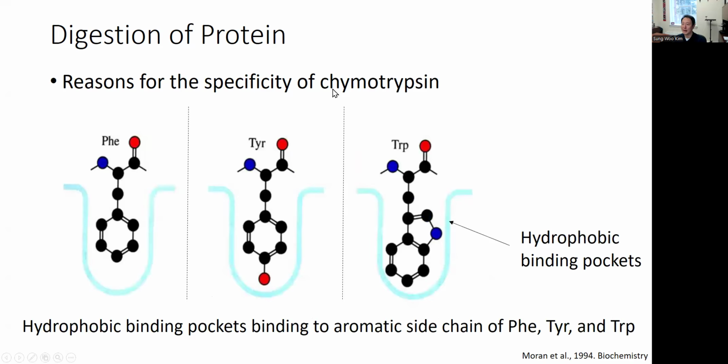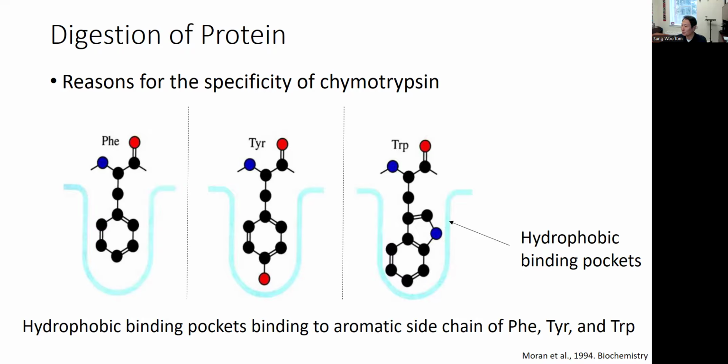In the case of chymotrypsin, okay, its binding pocket is strongly hydrophobic. Very strongly hydrophobic means it is covered by hydrophobic amino acids. So that means an amino acid with a hydrophilic R group cannot come in. So they have a strong preference to bind hydrophobic amino acids, which are the aromatic amino acids.